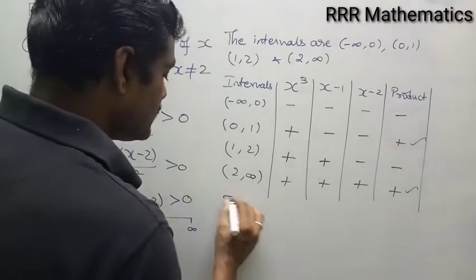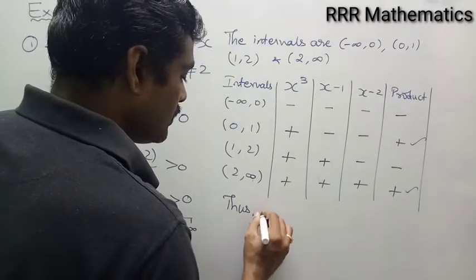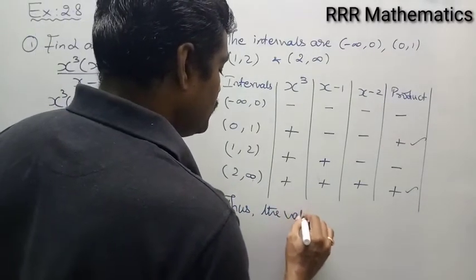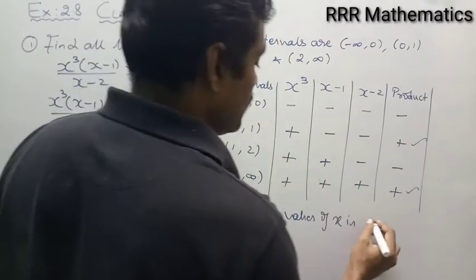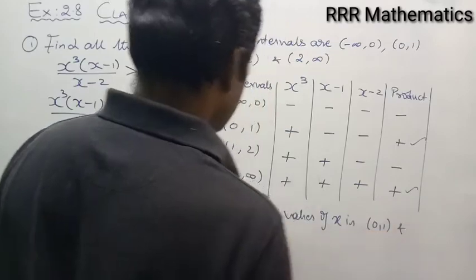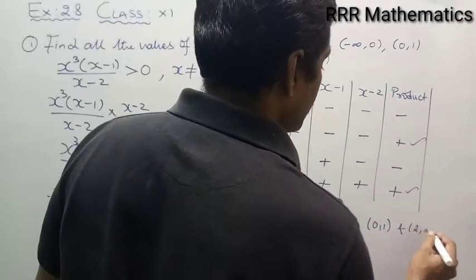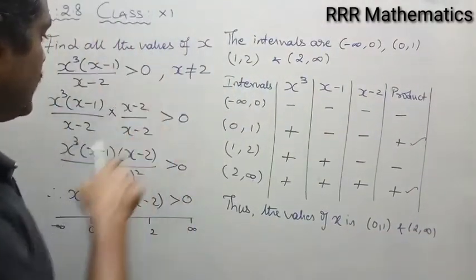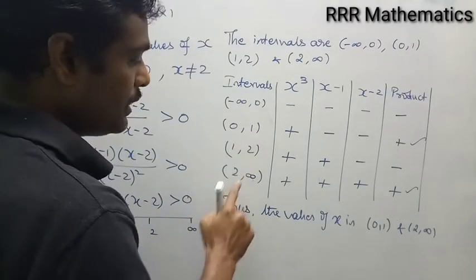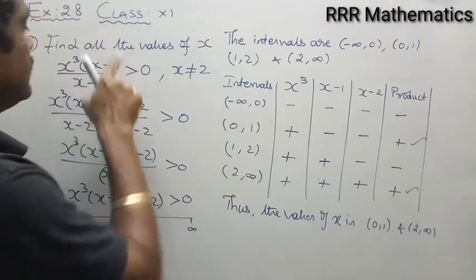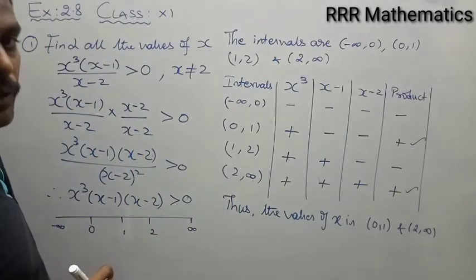So in this case, the values of x, what are the intervals? 0, 1 and 2, infinity. So in this case, when you select any value between 0 and 1 and 2 and infinity, the value of the output will be positive.